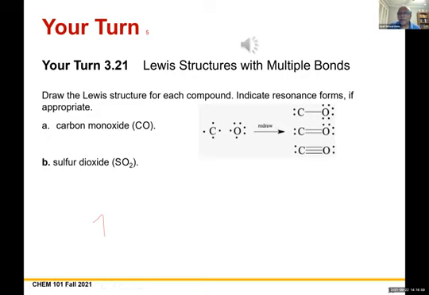But carbon doesn't have an octet. Therefore, you put the lone electron pair here, you get the double bond. Still carbon doesn't have an octet. So we put the second one here. So the carbon-oxygen bond in carbon monoxide is a triple bond. There's no possibility of resonance structures. Why? There's no other place that we can put the carbon-oxygen triple bond, only one place. So there's no resonance here.